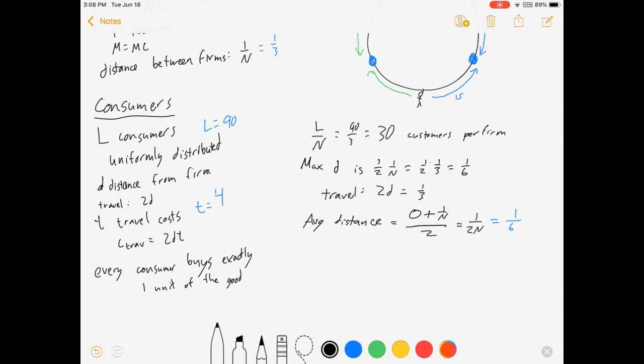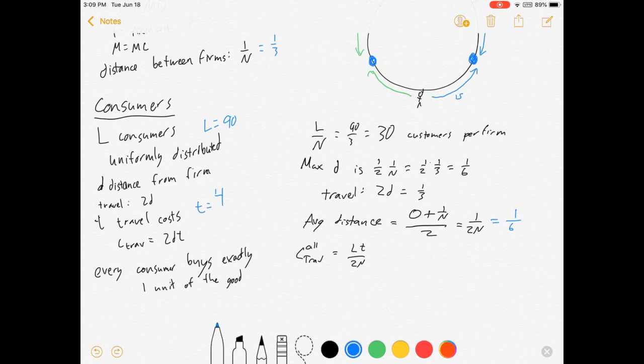The total transportation cost is, let's call it, transportation cost for everybody. Oh, yeah, I called it travel cost, didn't I? Travel cost for everybody equals L times T over 2 times N. Now, what is that? That is L customers times travel cost per customer times the average distance.